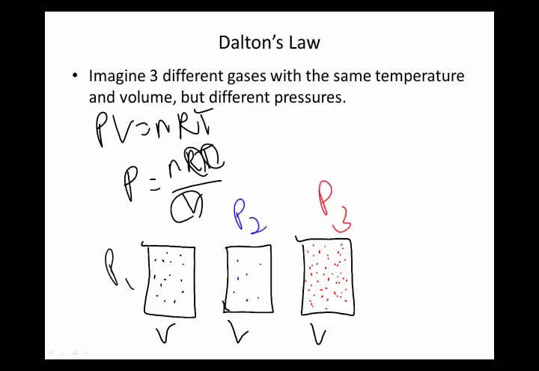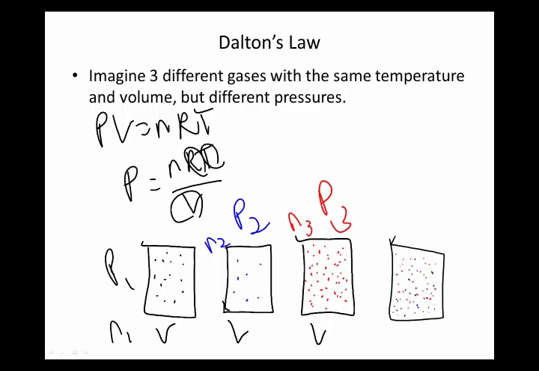And they're really only based on the difference between N1, N2, and N3, right? What if I took all of these gases and put them in one of these containers at the same temperature? Now all of these gases are going to hang out together, right? The same amount of gas I had is what I'm trying to draw.